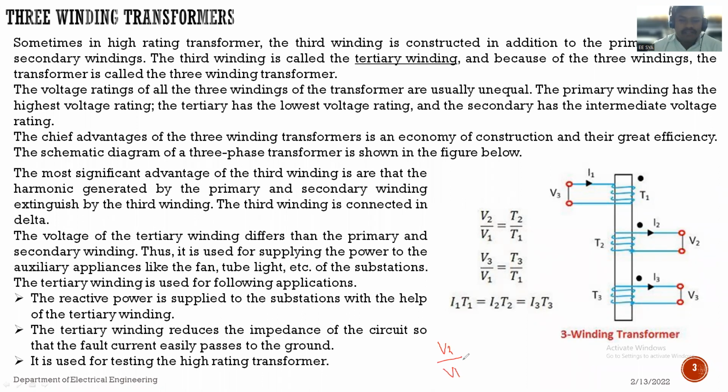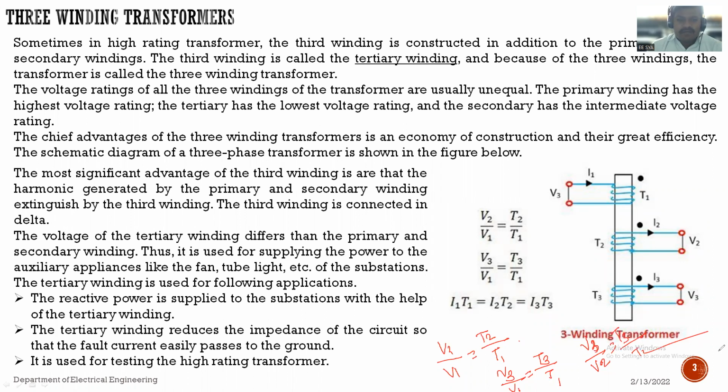V2 divided by V1 equals turns T2 divided by T1, or V3 divided by V1 equals T3 divided by T1. According to this, we can write, as we know, V3 divided by V2 equals T3 divided by T2. We can write this also, because we know that if A equals B and B equals C, that means A is indirectly equal to C.